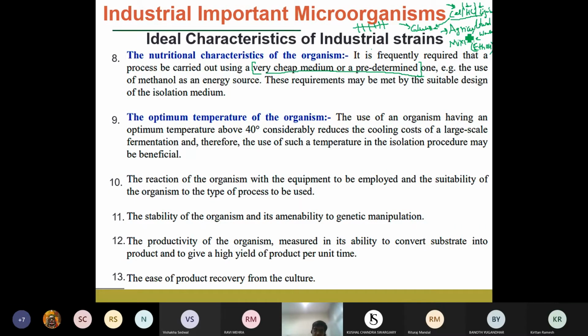India produces a lot of agricultural waste after crop harvest. Those crop harvest wastes can be used for the production of ethanol or any other biofuel, if we can design very efficient and high producing industrial microbial strains. Then there are some other energy sources, for example, methanol.